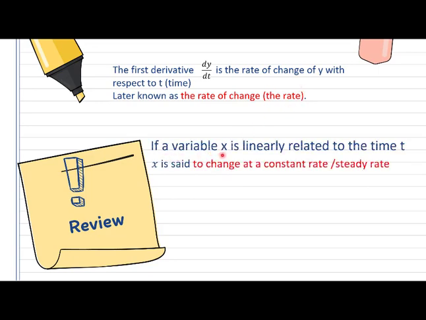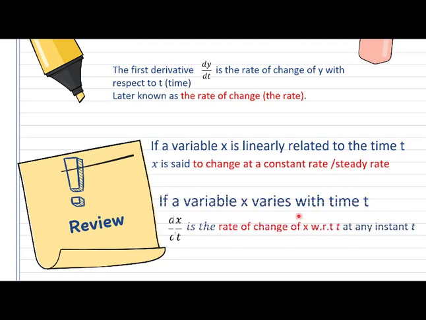If the variable x is linearly related to the time t, x is said to change at a constant or steady rate. If the variable varies with time t, then dx/dt will be the rate of change of x with respect to time, and we can calculate the change at any instant t.